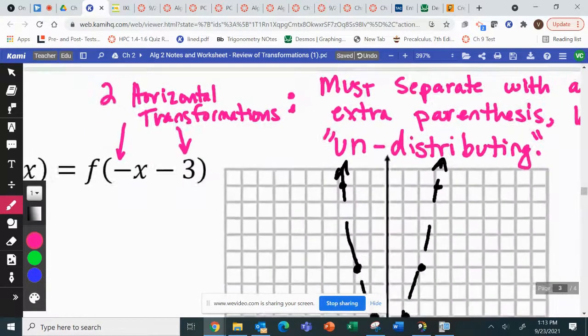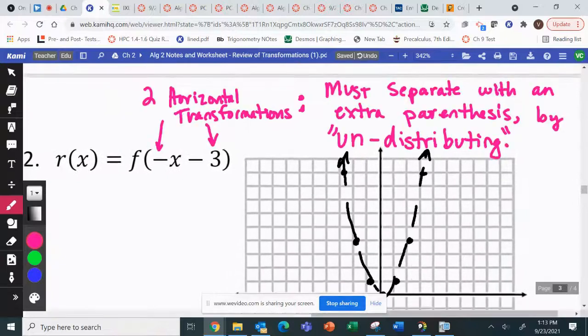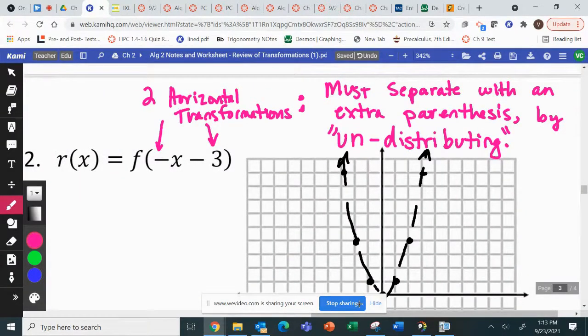So what undistributing is really called is called factoring. So we're going to factor out the -1. So that's what's in front of the x. It just looks like a negative sign, but I know it's a -1. So we're going to factor out the -1. We're going to undistribute it.